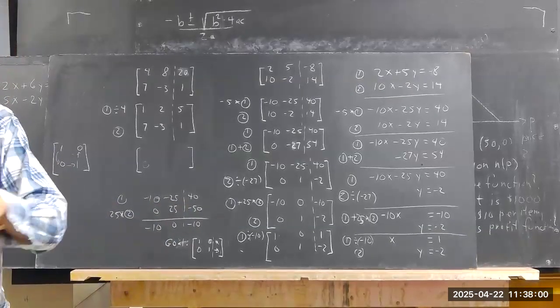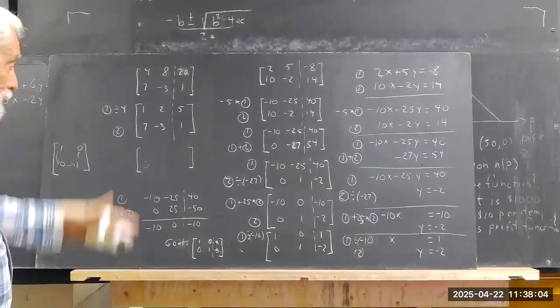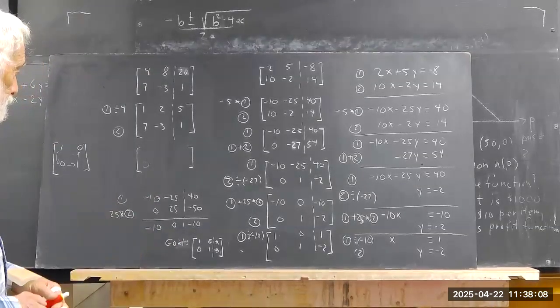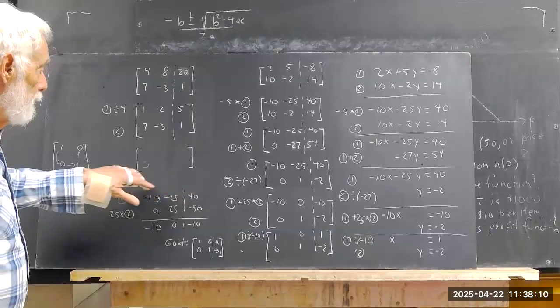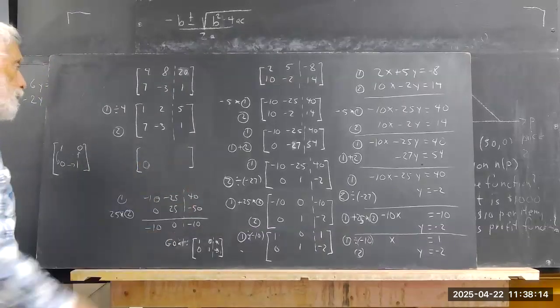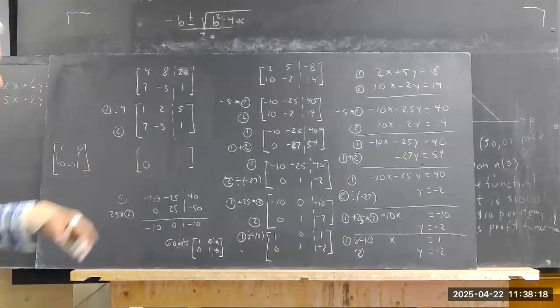That's okay, as long as you don't do it in the process here. Right now you're looking to get a zero here. What operation would you do to these two rows in order to get zero here?